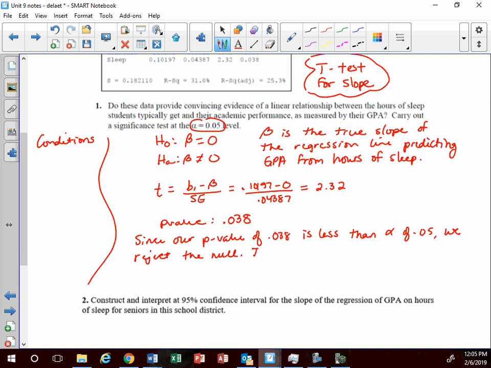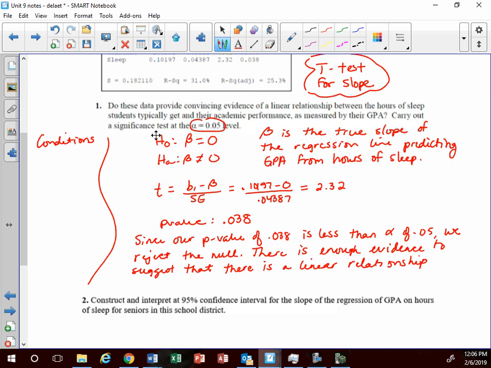There is enough evidence to suggest that there is a linear relationship between hours of sleep and GPA.